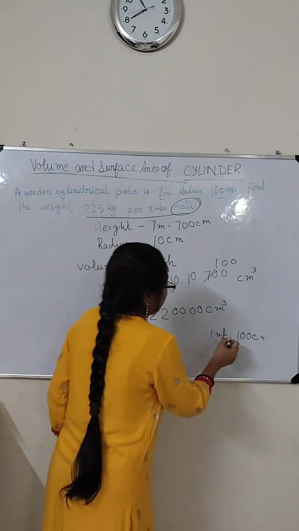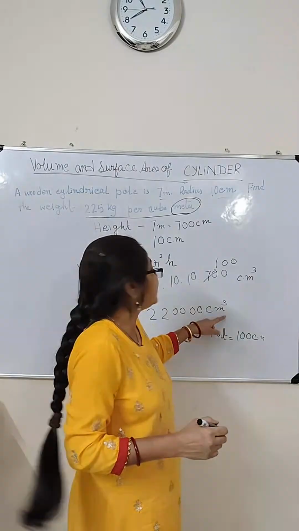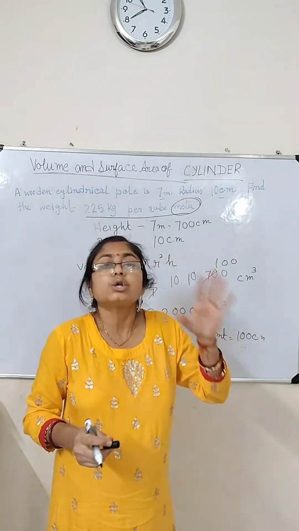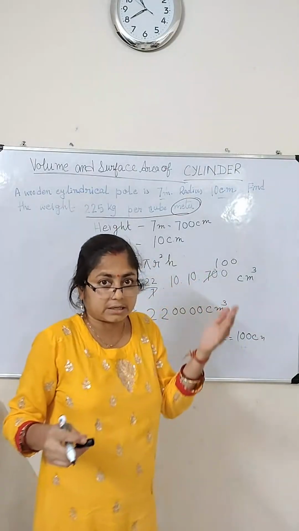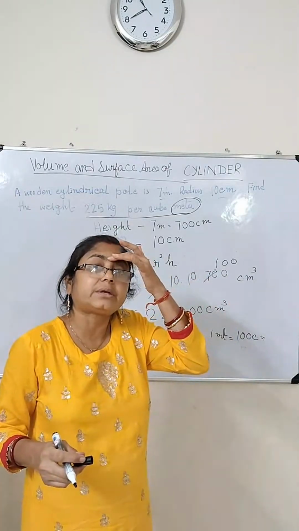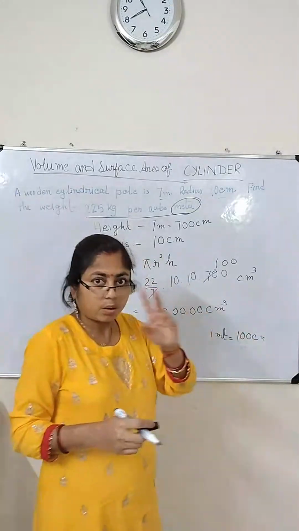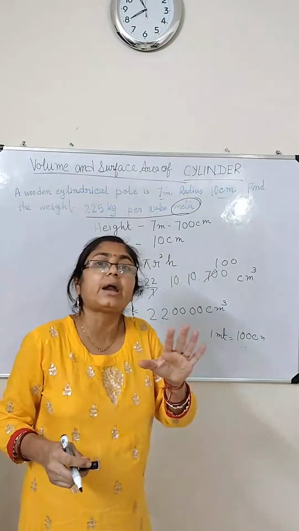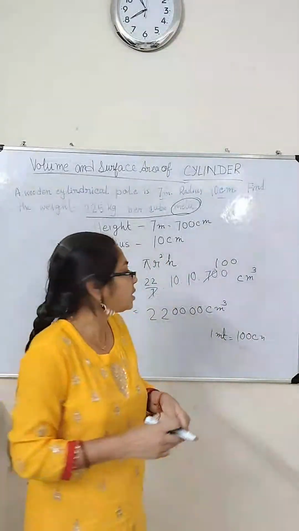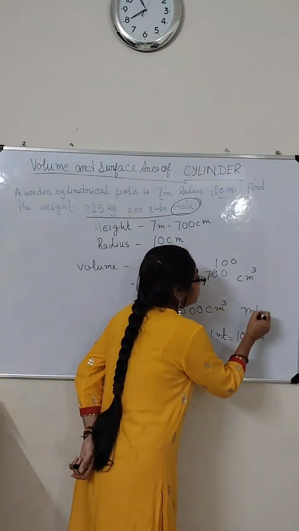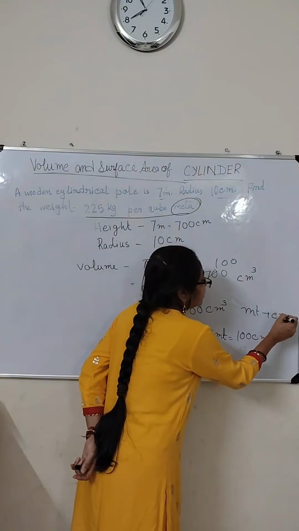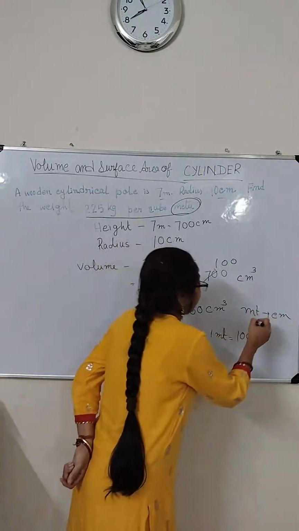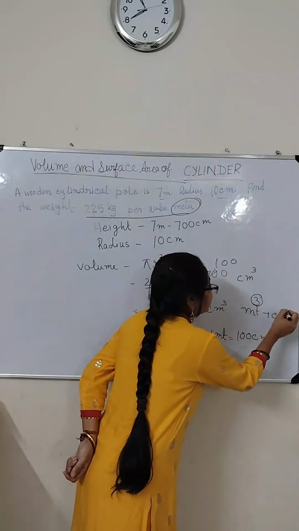So I do this. Meter cube means meter, meter and meter. So 3 times you convert centimeter. For 1 time you need 100, for the second time another 100, and the third time another 100. Since it is cube, you do it 3 times.